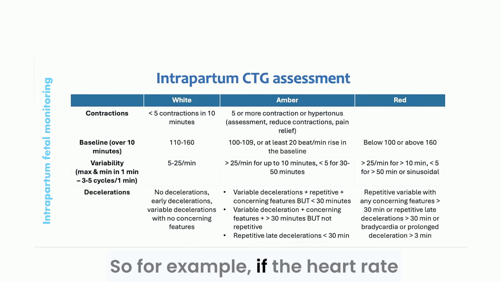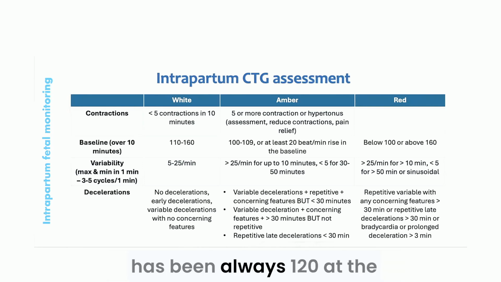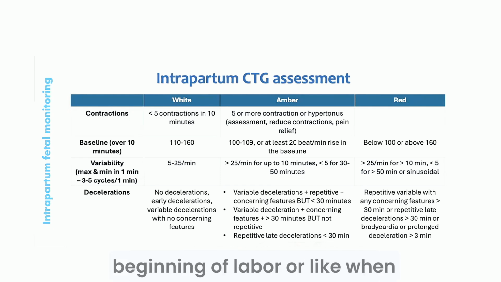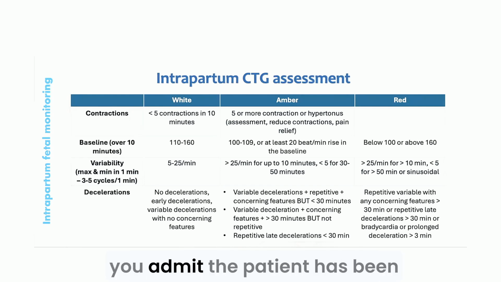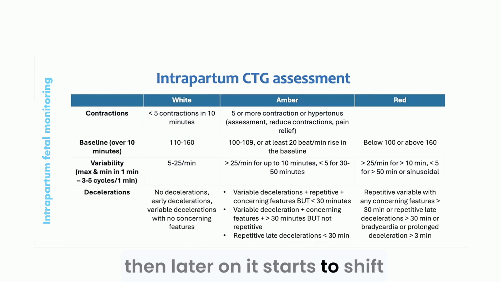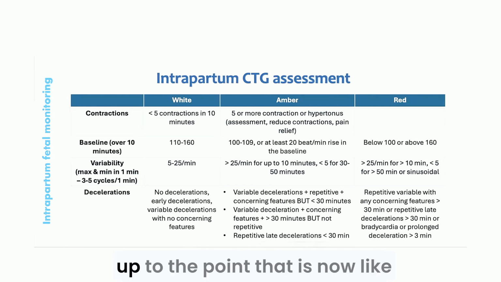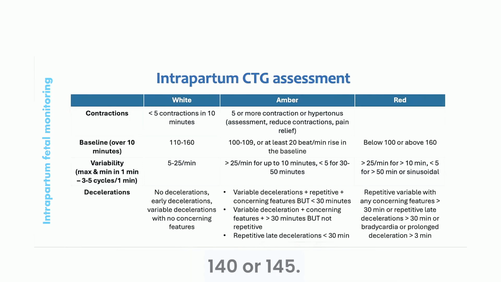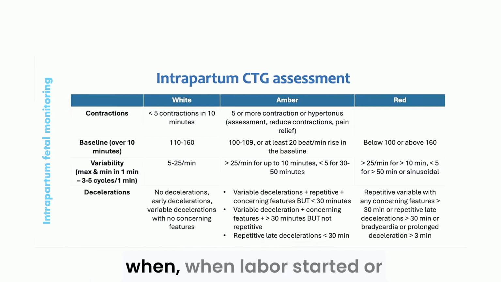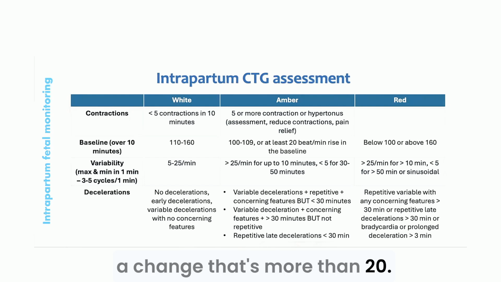So for example, if the heart rate has always been 120 at the beginning of labor, or when you admit the patient, and then later on it starts to shift up to the point that it is now like 140 or 145. So compared to the baseline when labor started, or prior to labor as well, you see a change that's more than 20.